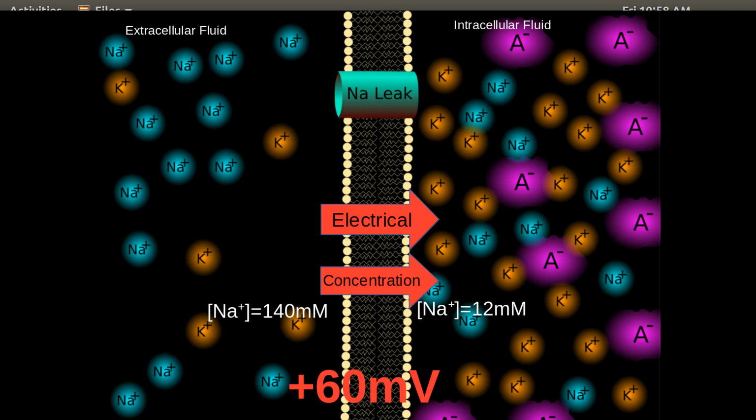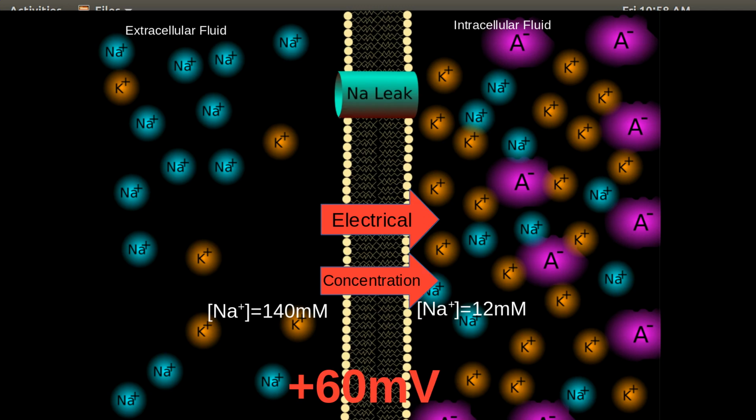You have two equilibrium potentials that those two leak channels are trying to reach. On one end, you have sodium at plus 60 millivolts. On the other end, you have the potassium equilibrium potential down here at negative 90 millivolts.